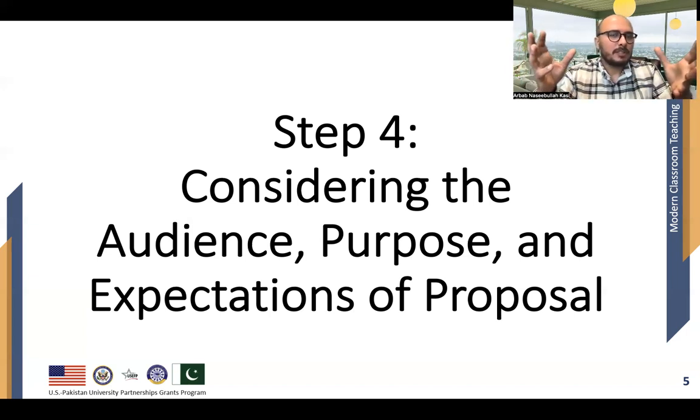You have to go with something very specific. For example, if you are going with Pakistan, then go with the specific province, the specific region, the district, based on whatever area you are going to define. Who is going to be your specific audience? You have to have a clear answer to that. And what are the particular expectations for these grants? Normally, whenever you look at grants, they have specific expectations.